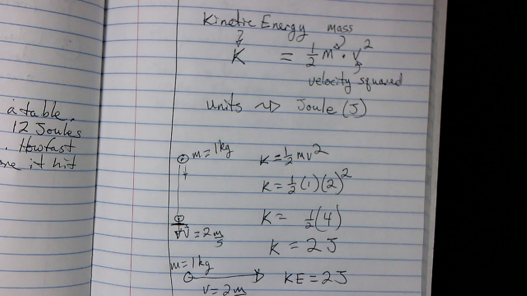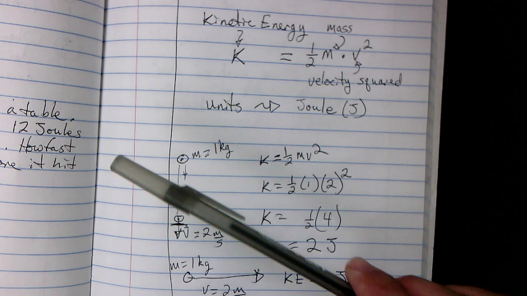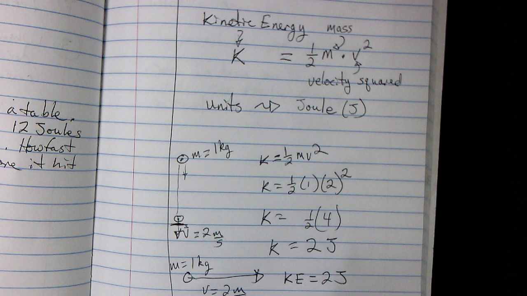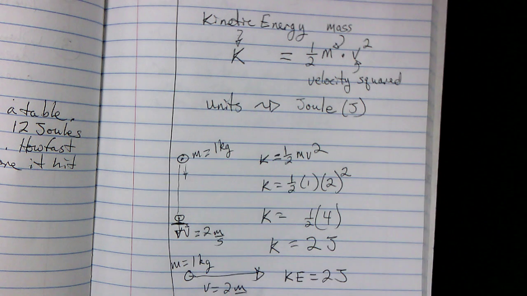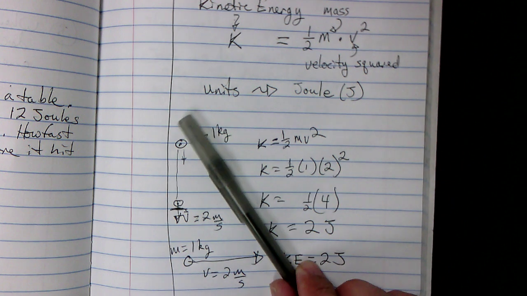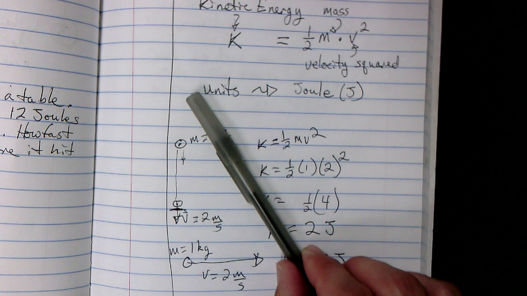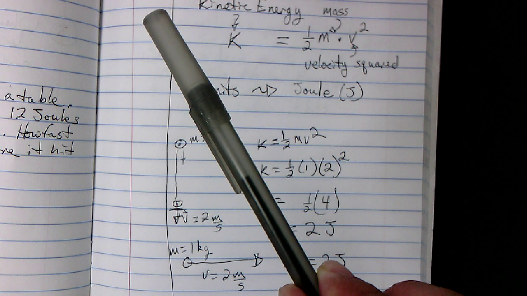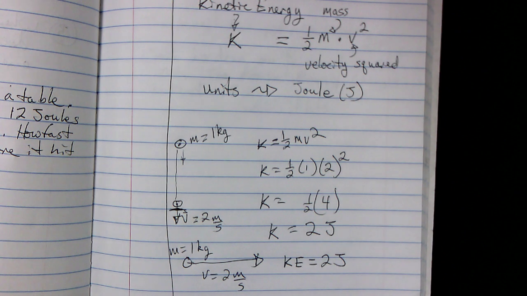Okay, so kinetic energy, it doesn't matter if it's up or down, side to side, it is still going to be 2 joules with these numbers. Potential energy only works because we're talking about gravity, so we have to lift it off the ground for there to be gravitational potential energy.